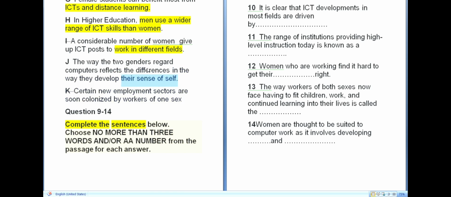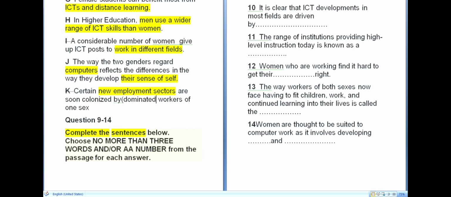The last one now. Certain new employment sectors are soon colonized by workers of a single sex. There are some employment areas, it seems, and they are colonized by, that means they are dominated by or taken by whom? Only one sex. That can be either male or female.